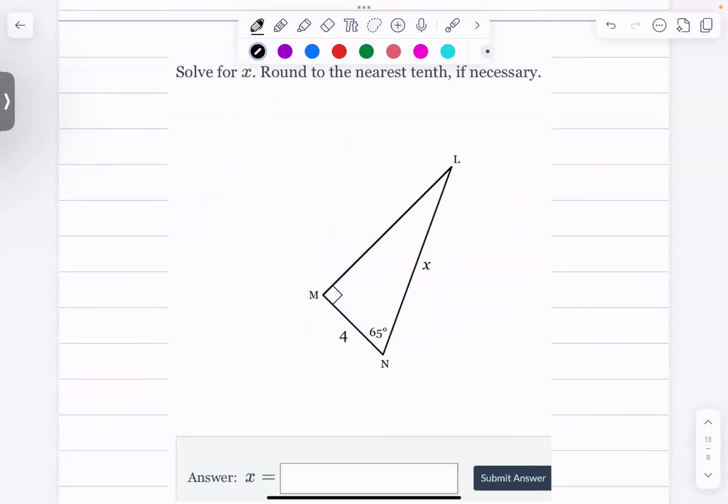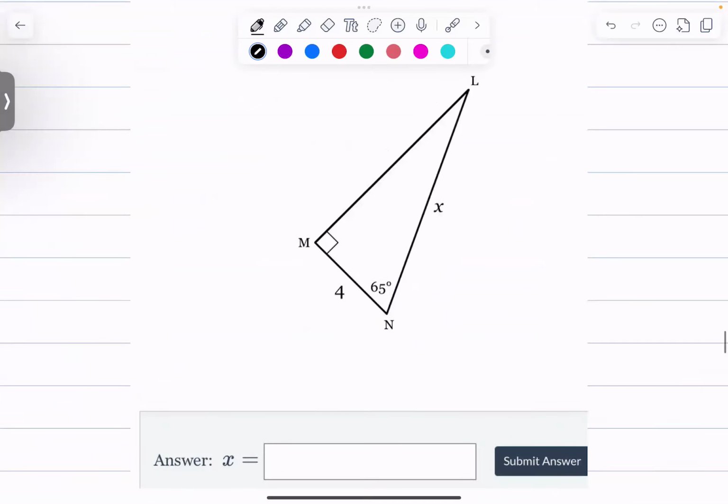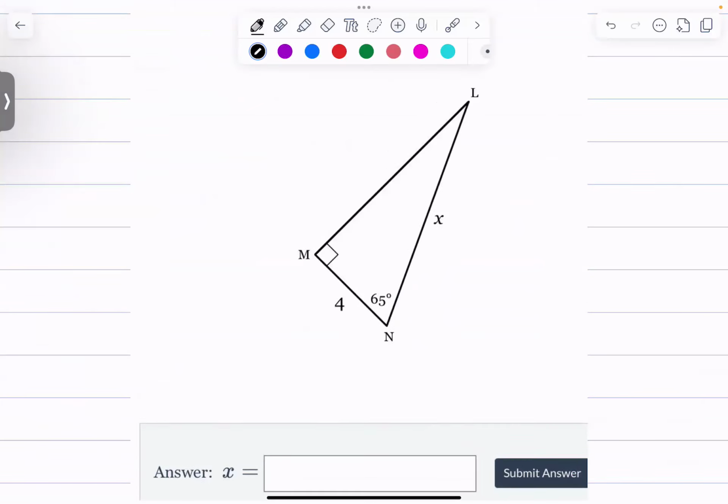Now here is the foundation of finding missing stuff. So now we know how to label, correct? First step is to label, always. Opposite the 90-degree angle is your hypotenuse.